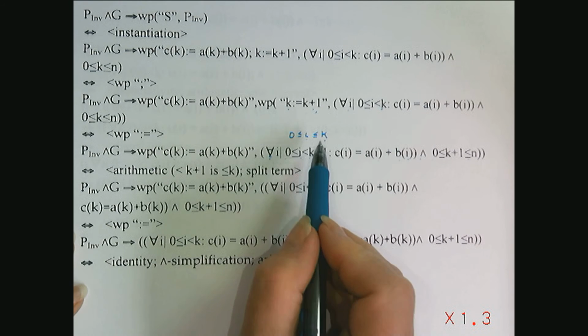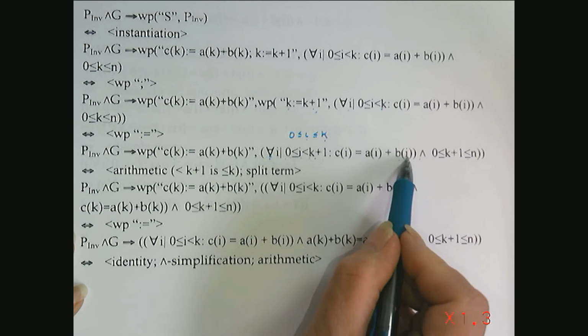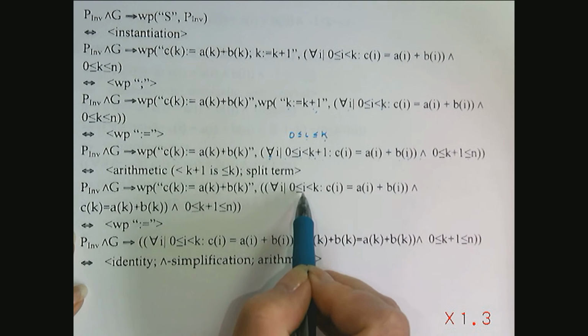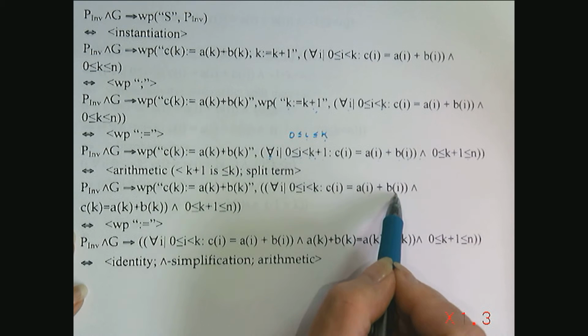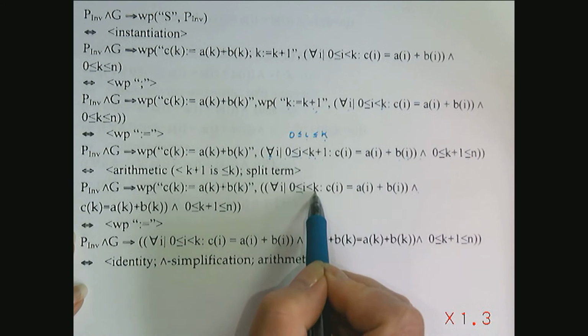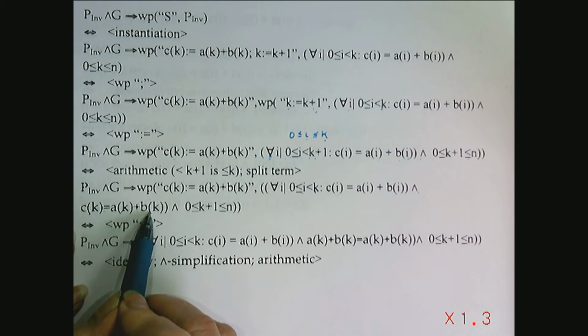And so what I'll do is write this quantification as for all i between 0 and less than k, c[i] is equal to a[i] plus b[i], and when i is equal to k, c[k] is equal to a[k] plus b[k].